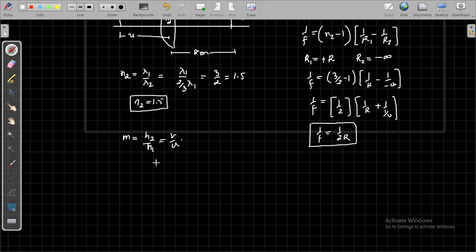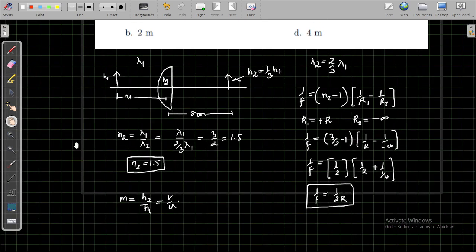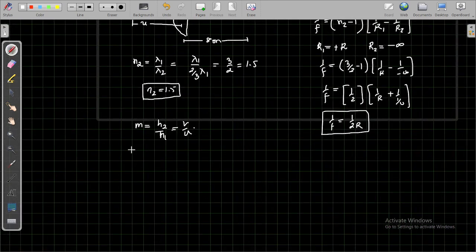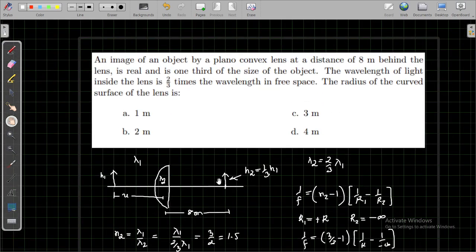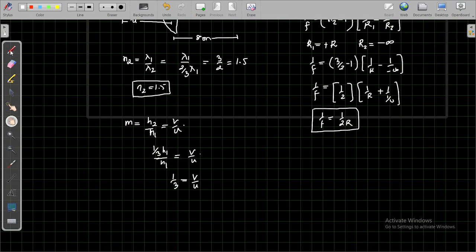So h2 is 1/3 of h1, so 1 by 3 h1 by h1 equals v by u. That means 1 by 3 is equal to v by u. But v, as we can see, is provided, 8 meter. Therefore 1 by 3 is equal to 8 by u. That means u is equal to 24 meter.